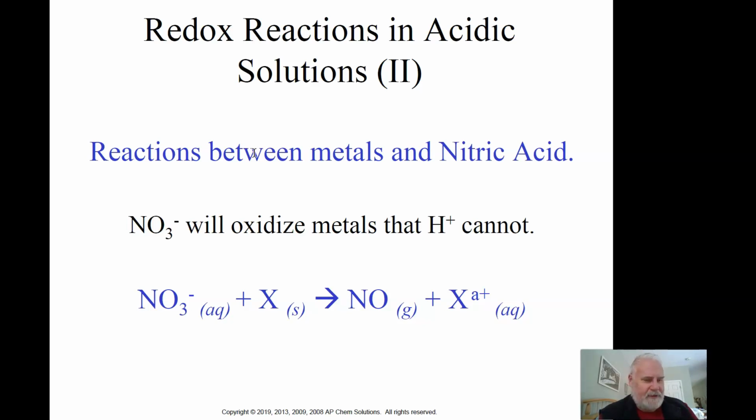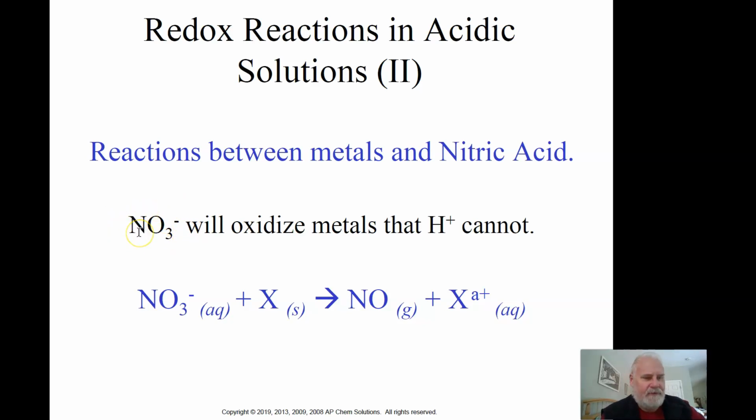They're both strong acids. They both have the hydrogen ions available. So what is the difference? Well, the difference is that this nitrate, nitrates tend to be very reactive compounds.